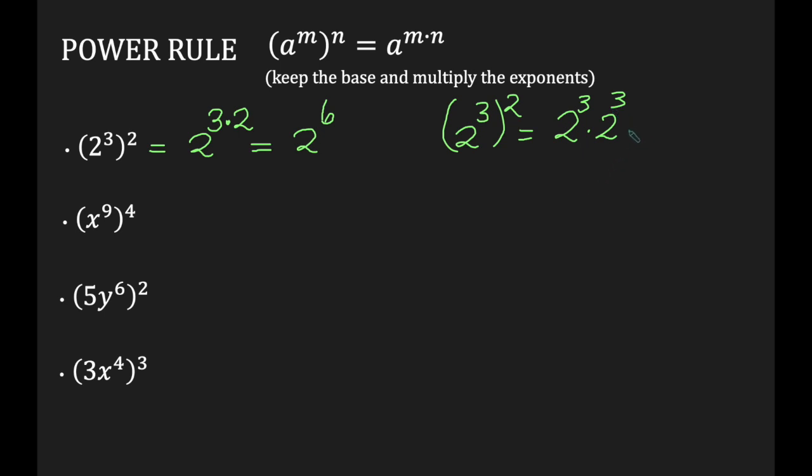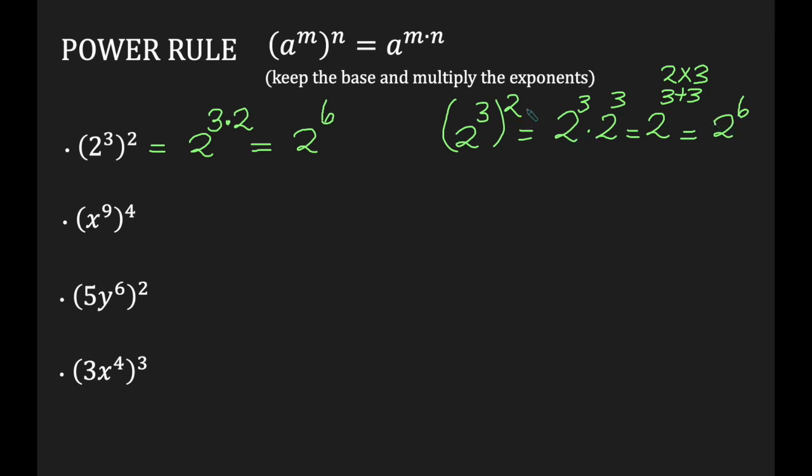And remember from the product rule, when the bases match, you keep your base and you add your exponents, which is 3 plus 3. And you get 2 to the 6. Now 3 plus 3, another way to write that is 2 times 3, because it takes 2 of these 3's to give you 6.